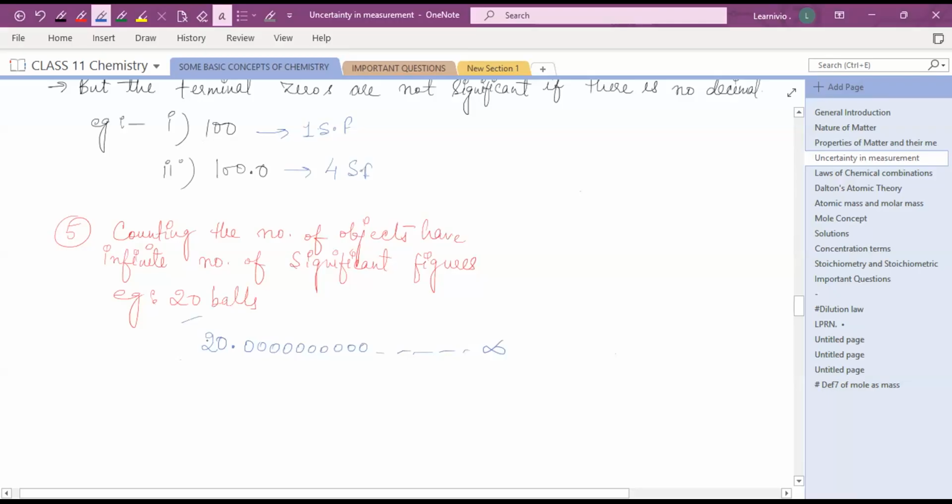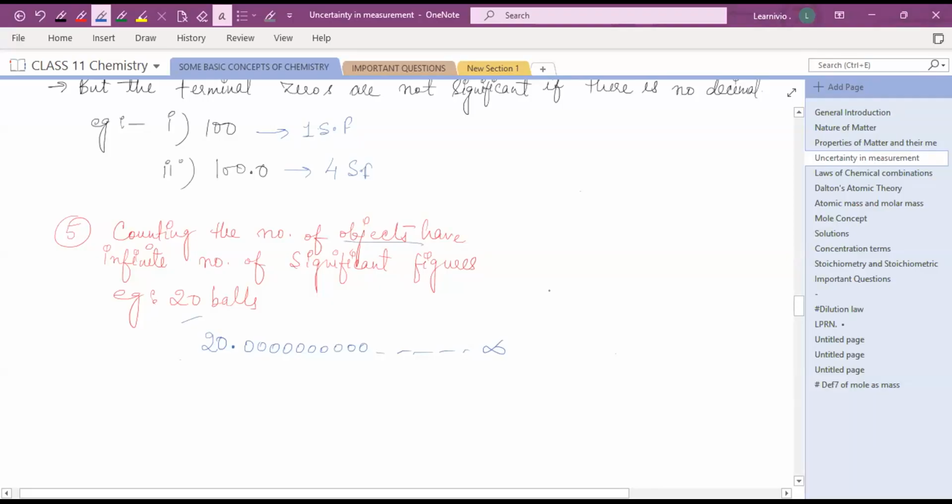It means 20. If I put an infinite number of zeros after the decimal, it also means 20 books, right? Its value doesn't change because we are just putting zeros after the decimal, as many as you want, and the value doesn't change. It means the number of objects is the same if we add more zeros after the decimal. So counting the number of objects has an infinite number of significant figures.